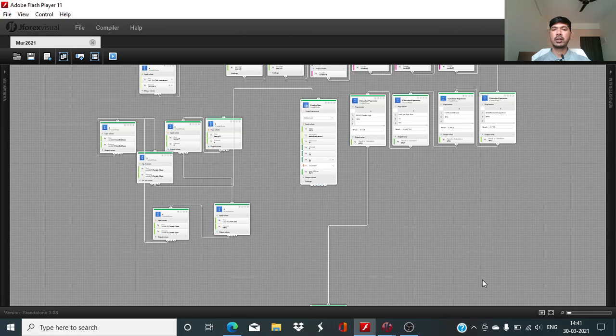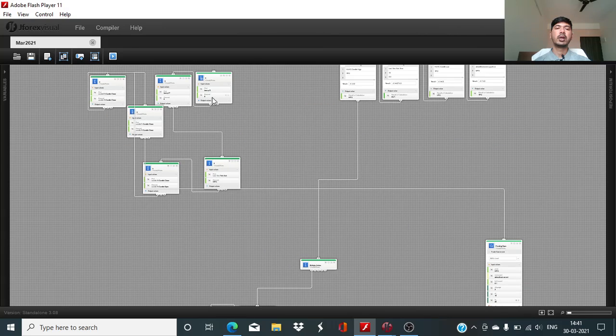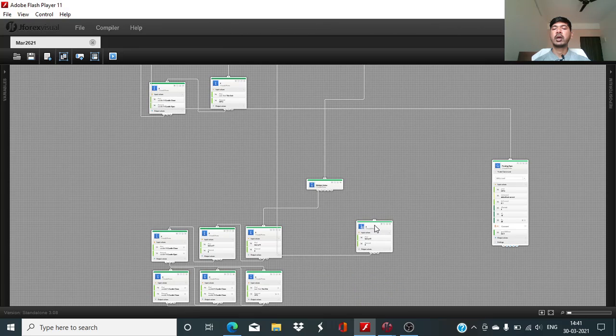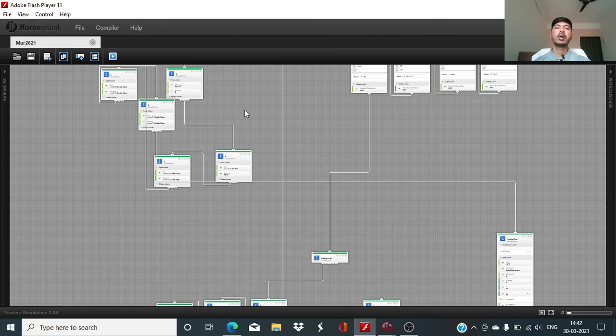Now let us arrange this block and join it to the multiple action, and then we will also check on whether the trade flow is happening or not.